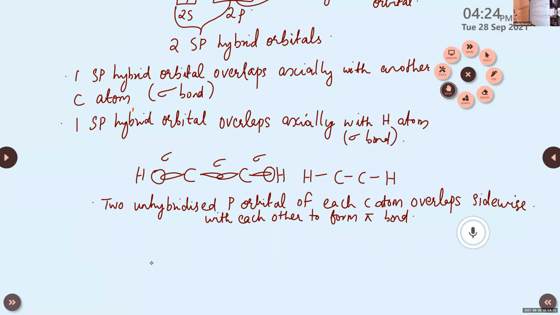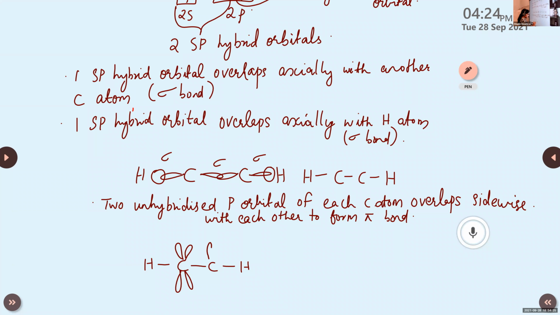So in each carbon atom, there are two unhybridized p orbitals. So we can draw the two unhybridized p orbitals. And there will be sidewise overlapping between these unhybridized p orbitals, and the formation of pi bonds takes place.